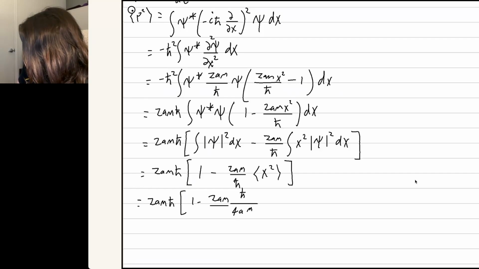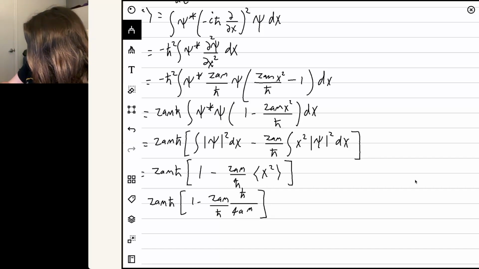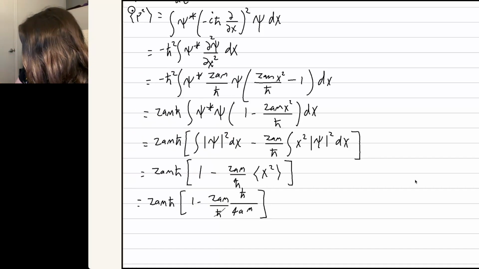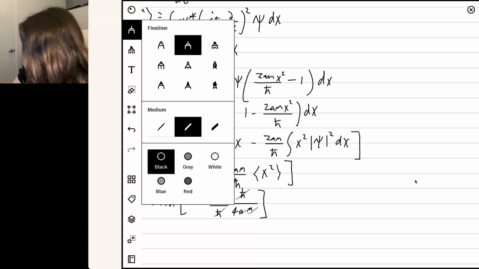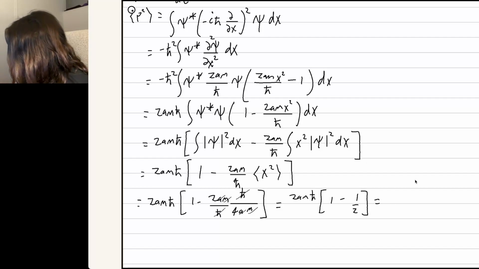Simplifying a bit, cancel out the a's and the m's there. 2 will become 4. You have 2am h bar times (1 minus 1 half), which is 1 half. So at the end of the day, you get h bar am.